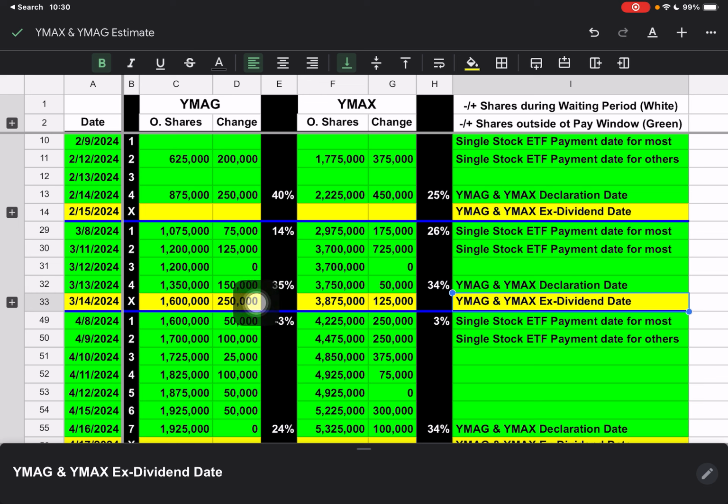And then for the dead period, YMAG actually went down 3% after the fund of funds ex dividend date and the single stock pay date. I might have said declaration date above, but reading over here, the pay date, it went down 3%, but YMAX itself actually went up 3%.